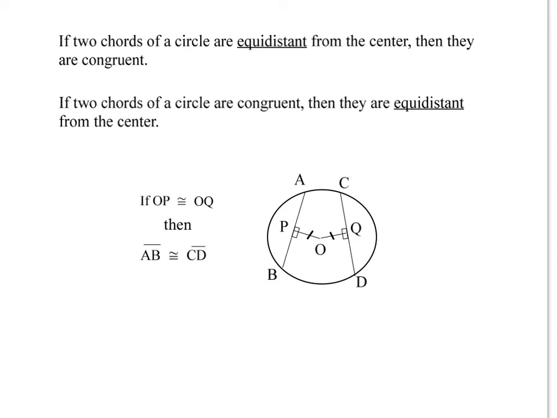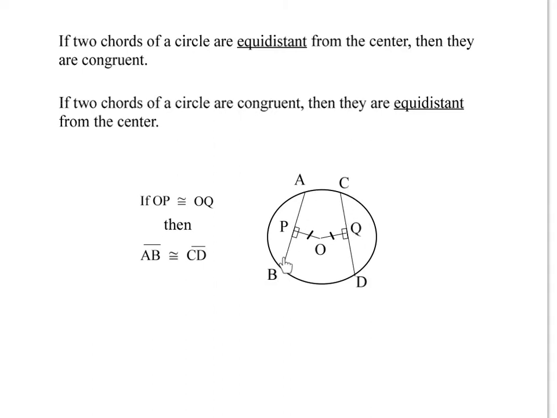That's our next theorem. This theorem also goes both ways. If two chords of a circle are congruent, then they are equidistant. So again, all these theorems work both ways. The theorem and its converse are also true. So if OP is congruent to OQ, then these chords are congruent.